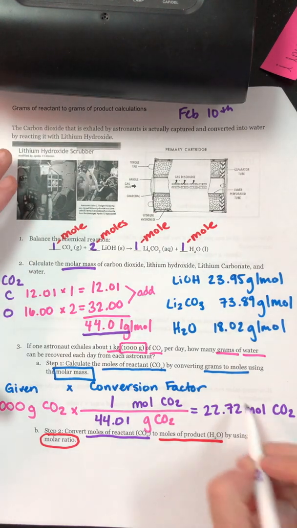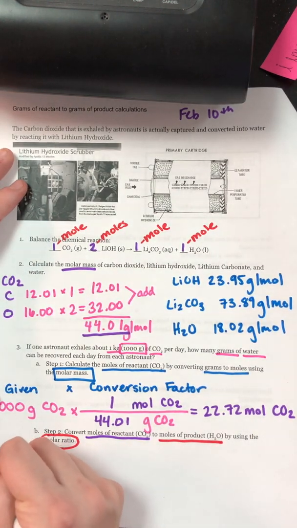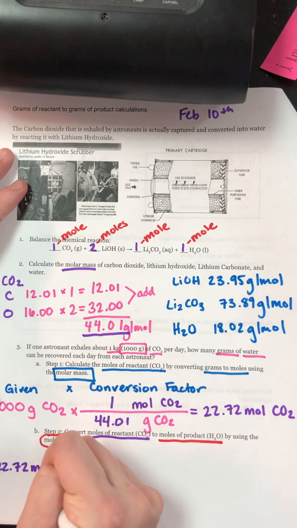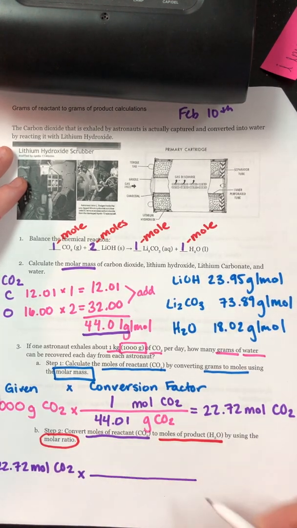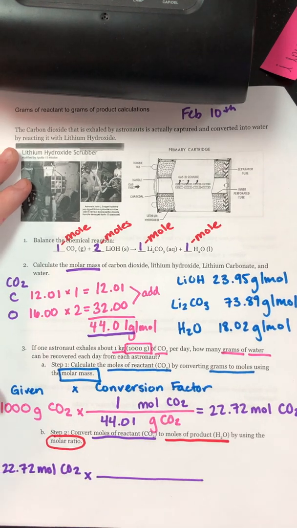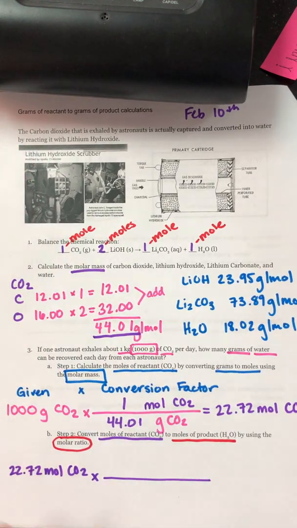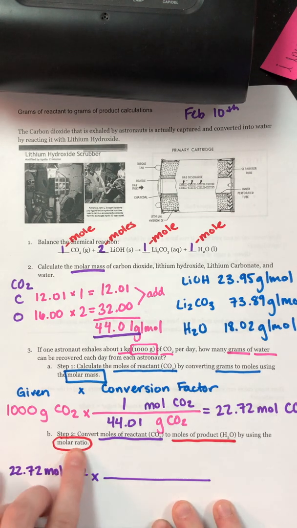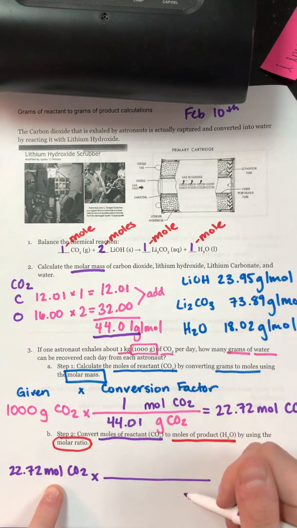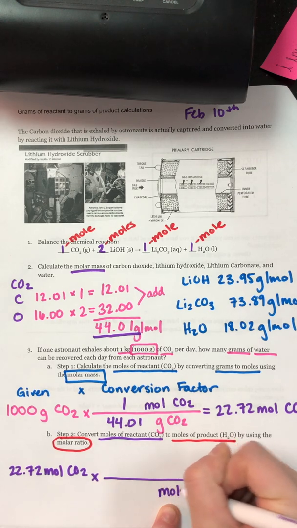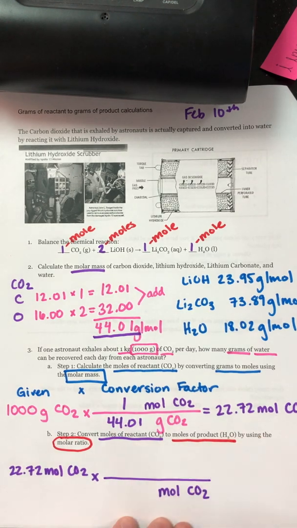So let's see what that looks like in our step-by-step math so that we can follow this for any problem. We start again with the moles of reactant, 22.72 moles of carbon dioxide. We're going to multiply that by a conversion factor, just like every other problem we've solved in this class. Given times conversion factor. They tell me the conversion factor to use is the molar ratio. I'm going to make sure that I have the same unit as my given here in the bottom so that they cancel out, moles CO2.